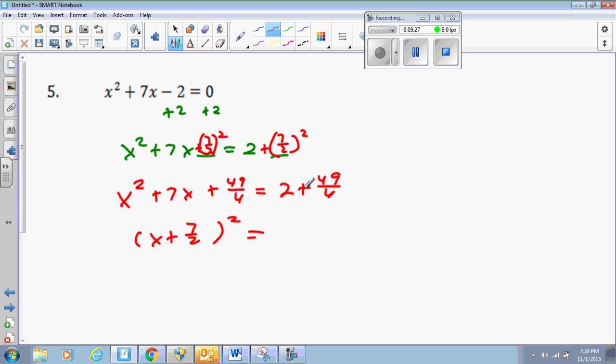And now to add that fraction, I'll do it over here in a different color. 2 can be written as 8 over 4. This is just 2, which is the 2 from here, plus 49 over 4. And the reason I chose that, of course, is so that I have common denominators. And 8 plus 49 is 57. So this is going to be 57 over 4.